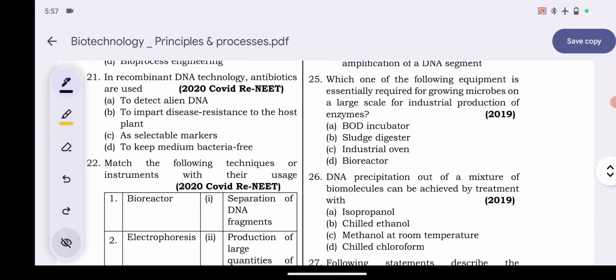So here the answer is option C, as selectable marker. Explanation: antibiotics are employed as selectable markers in recombinant DNA technology. Selectable markers aid in the identification and elimination of non-transformants as well as the selective growth of transformants. So option C is the correct answer.